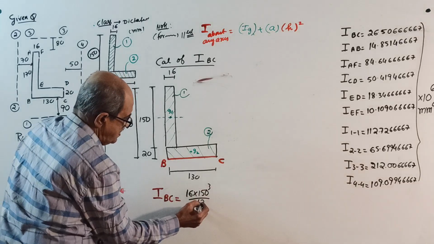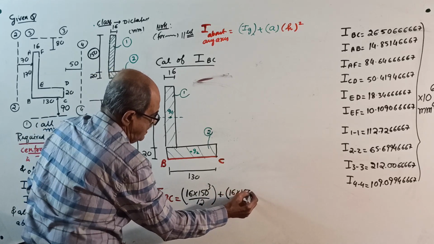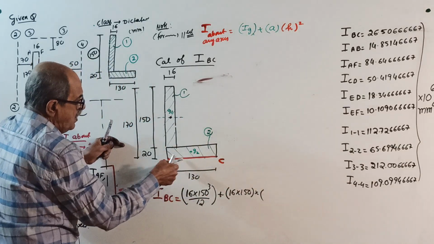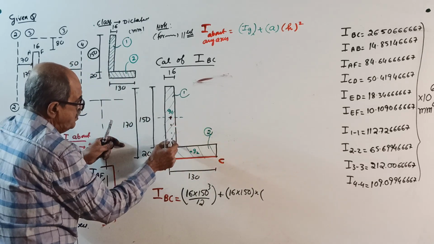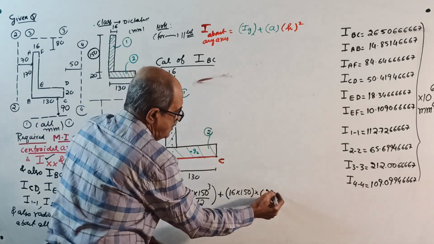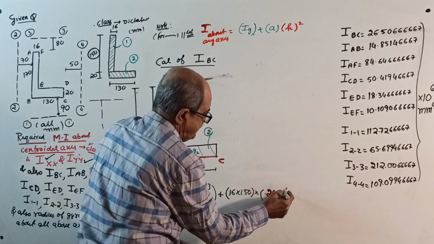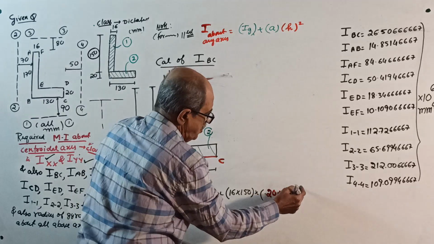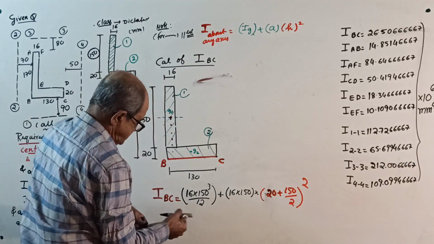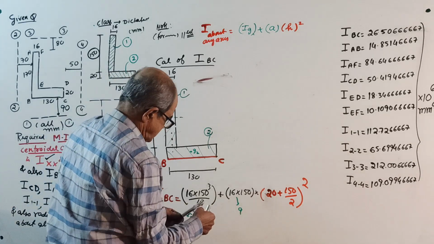Plus area 16 into 150, into H square, where H is from the centroid of the component to the required axis, 20 plus 150 by 2, squared. This is your IG, this is area, and this is H.